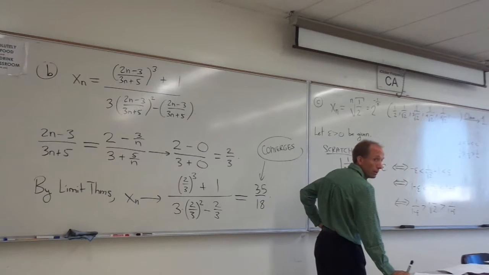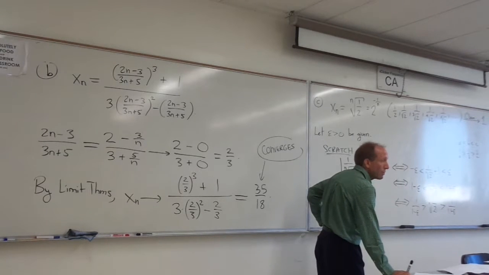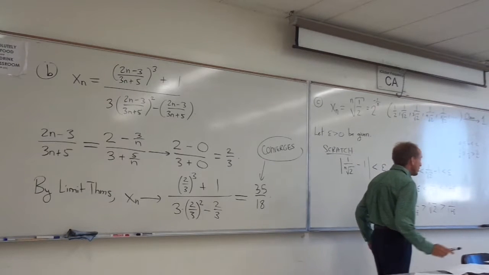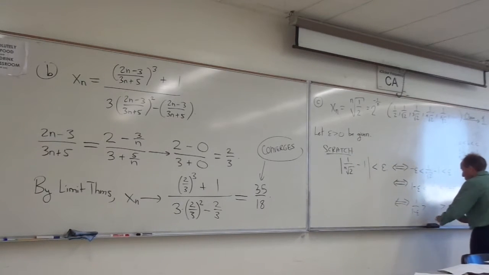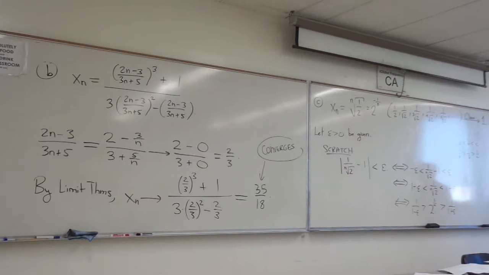Log. Pardon me? The log. Yeah, we're going to have to use the logarithm here. This is really 2 to the 1 over n power. We take the log of everything, then what we'll get is the log of 1 over 1 minus epsilon greater than, now, so the log of this, I'm going to use my log properties.